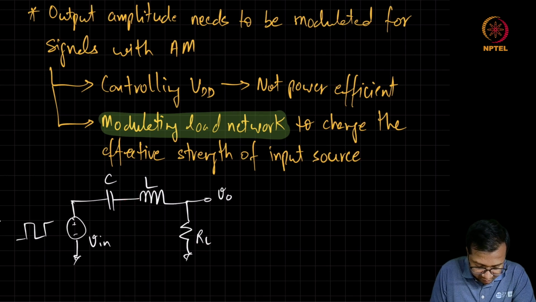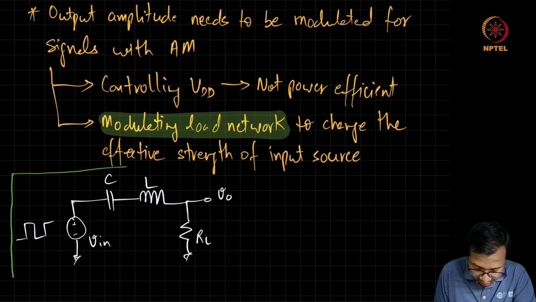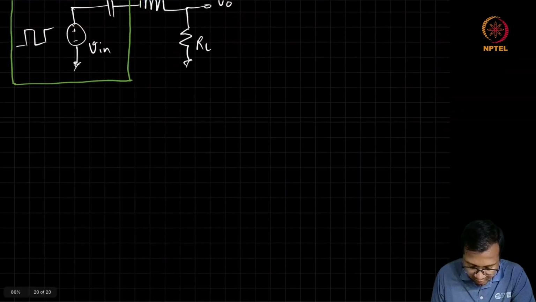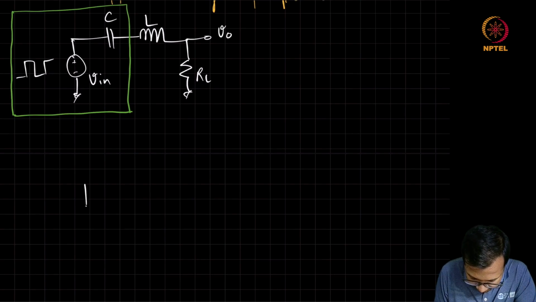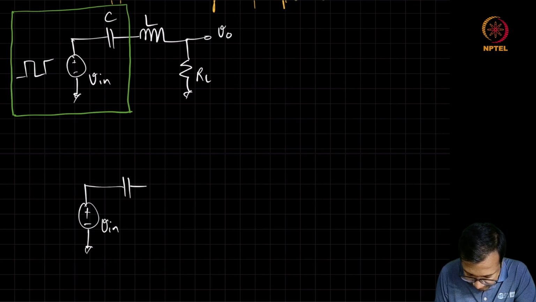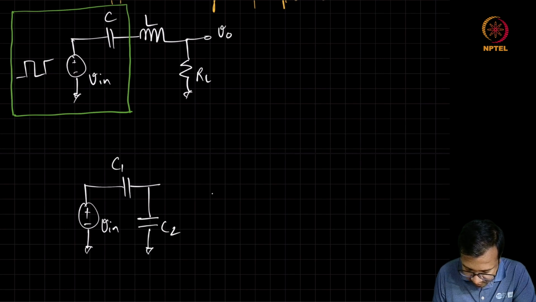So we can club this capacitor along with the input source, and then we can modify the network such that we have this capacitor in series. We'll also add a shunt capacitor. Let's call this C1, C2.